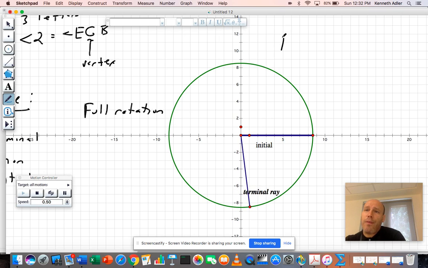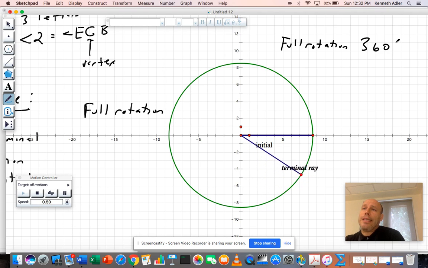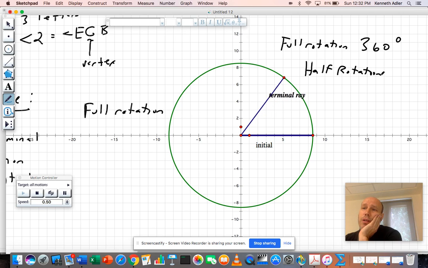If we have a full rotation, we're going to call that 360 degrees. What do you think a half rotation is? If that's 180 degrees, where are we now?